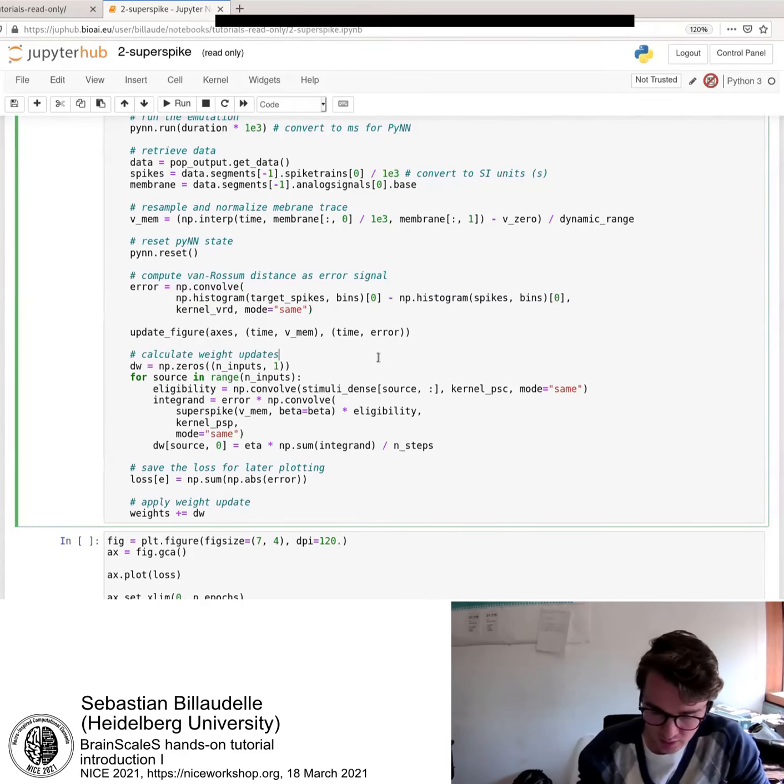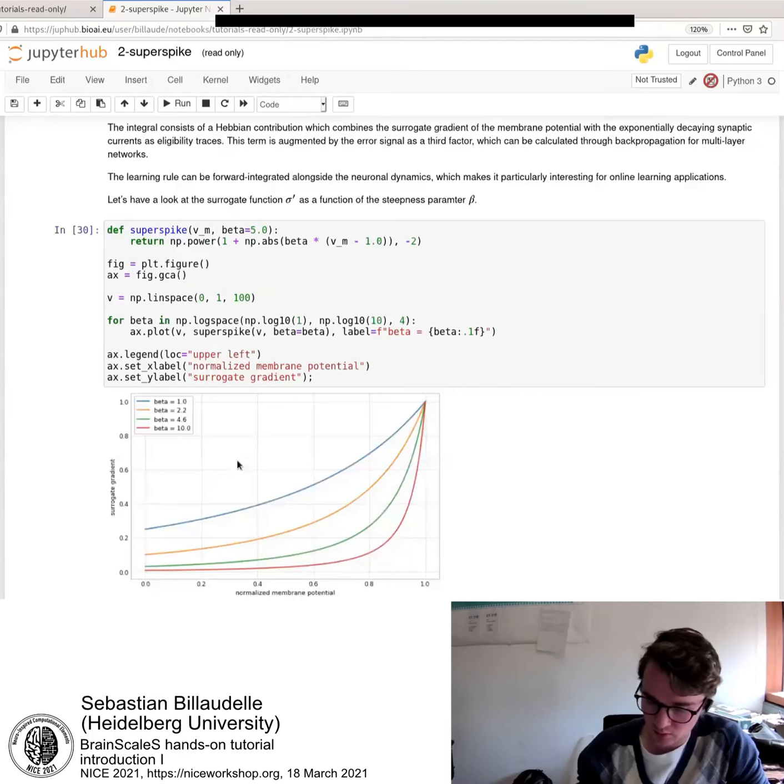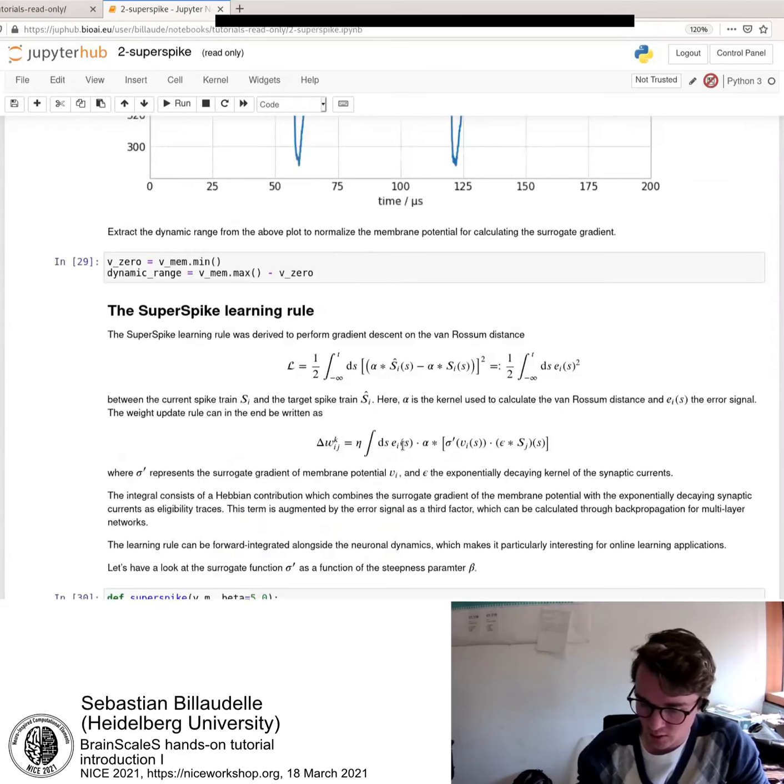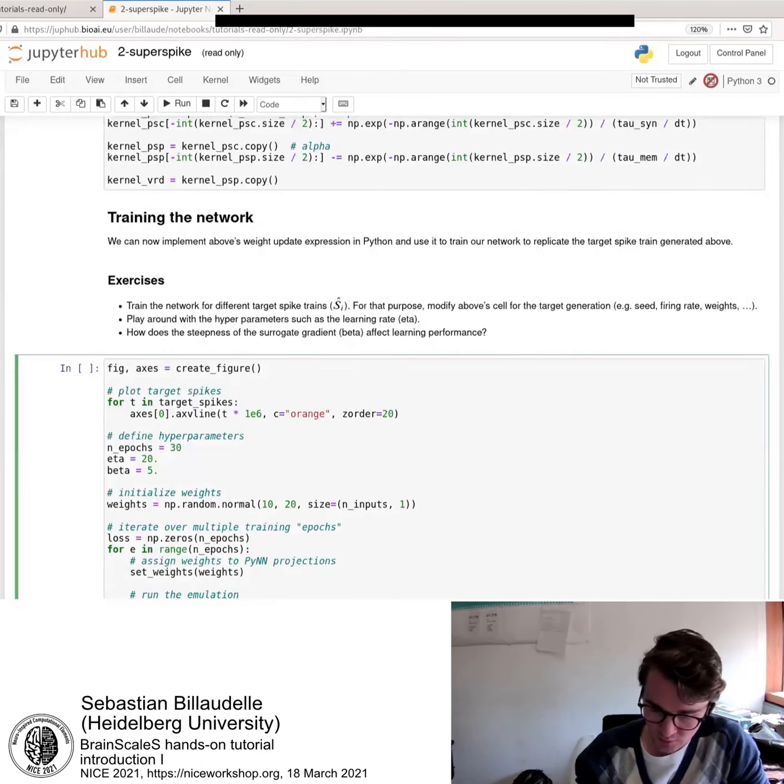And this is the numerical representation of the formula you have seen above. This is really this integral. You see, we first calculate the surrogate gradient of the membrane potential, multiply it with the presynaptic currents, or the postsynaptic currents, sorry, perform another convolution that falls out of the optimization of the van Rossum distance, multiply by the error trace for each time step, and then integrate over the time steps. And this is what you see here.